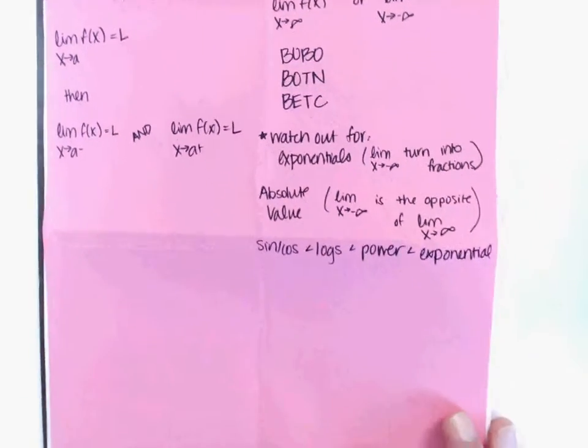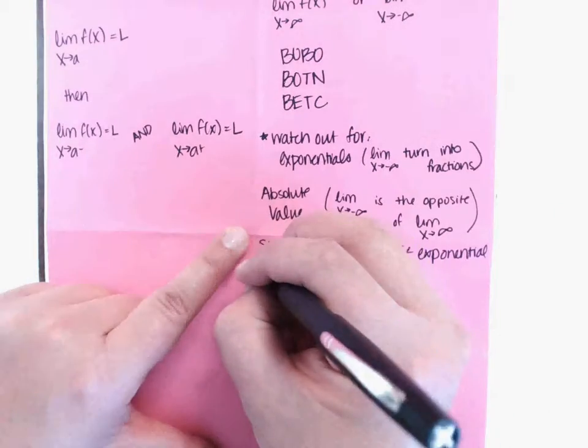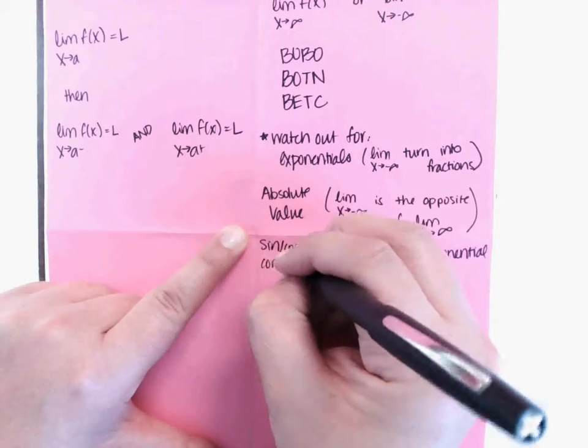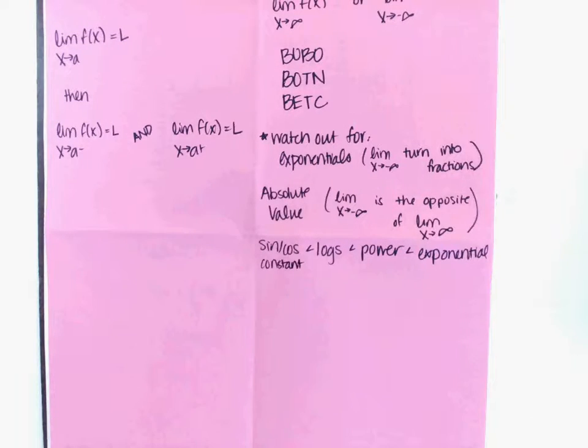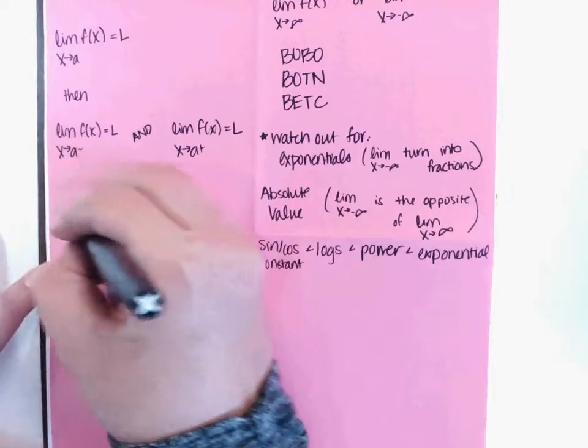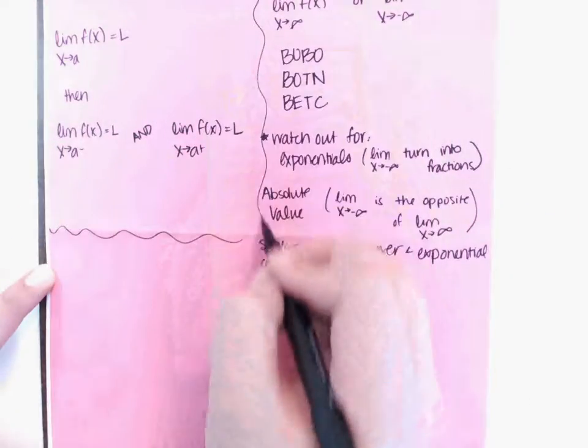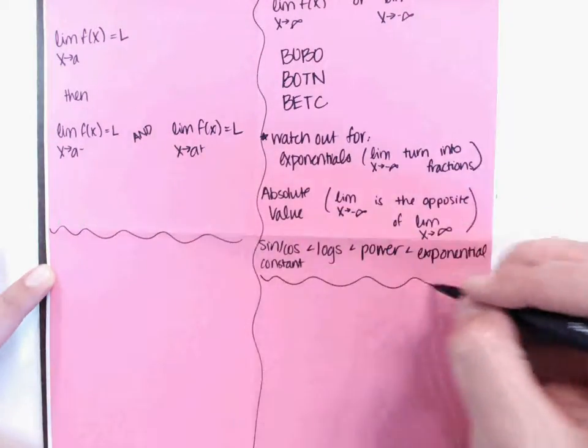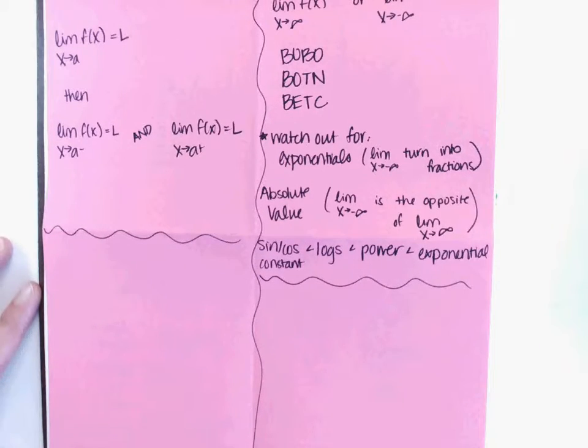Also constants, that fits with sine and cosine. Okay, constants and sine and cosine, those are all the weakest. Your logs and ln's go next, then power, then exponential. Good so far?